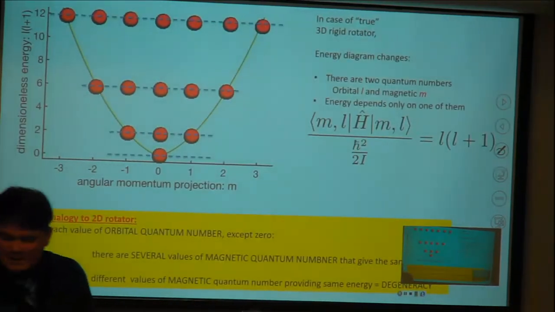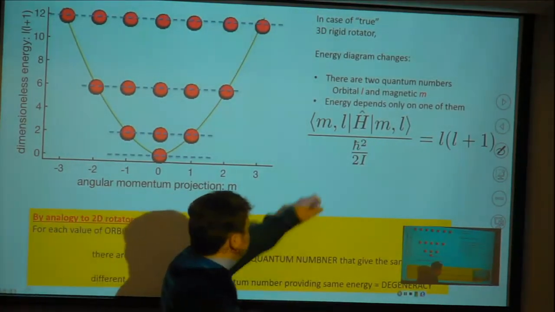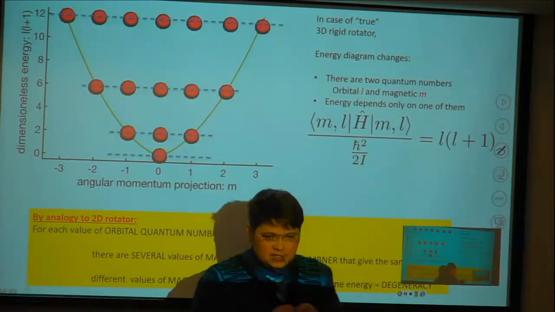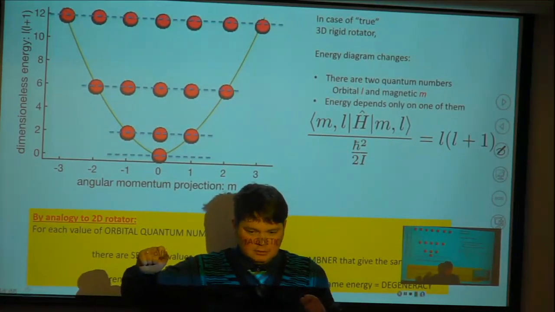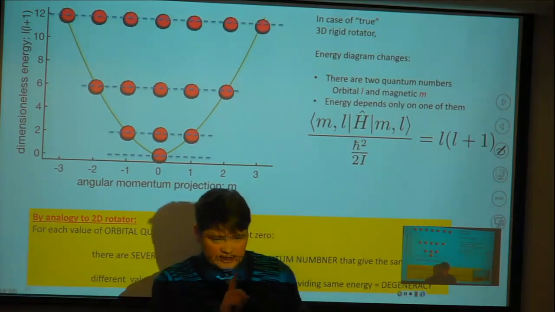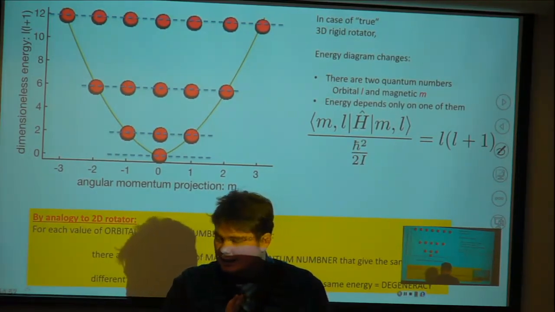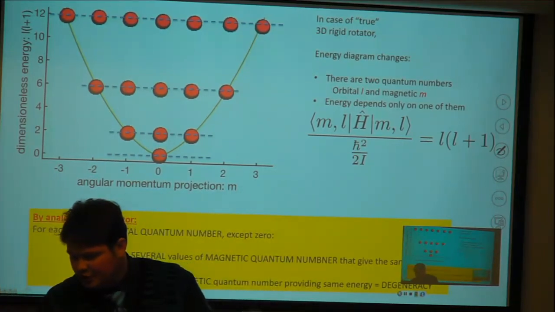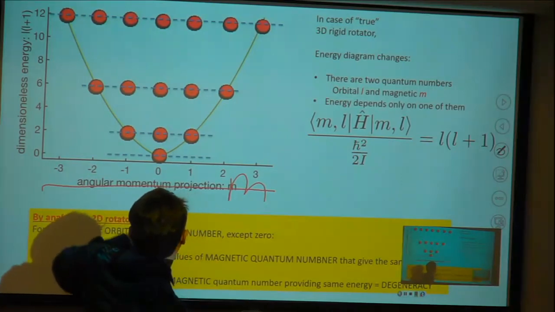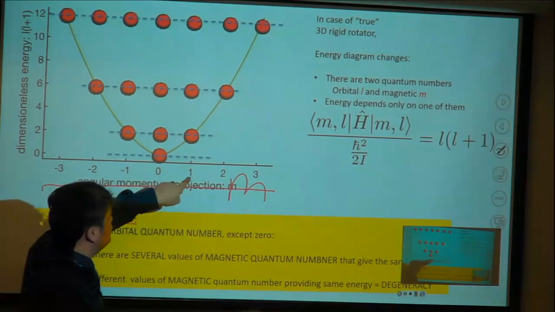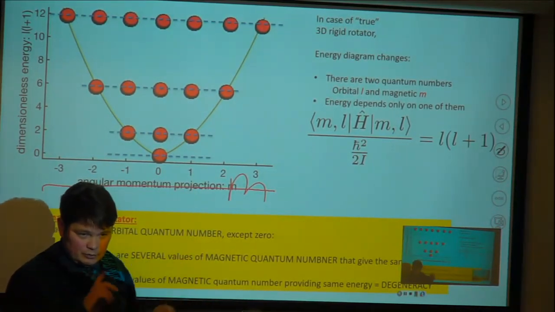So the three-dimensional rotator will depend on two quantum numbers. One is the total angular momentum, and another is the z projection. For the z projection, we also can call it m, and the energy will depend on the total length of angular momentum, so the total amount of motion.